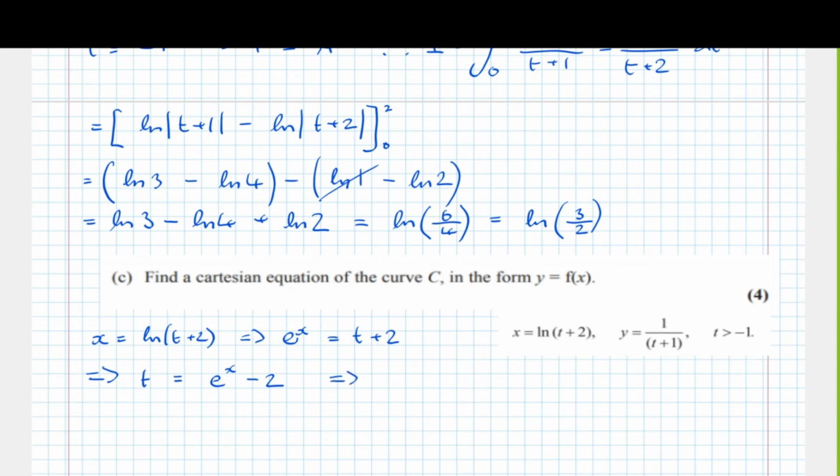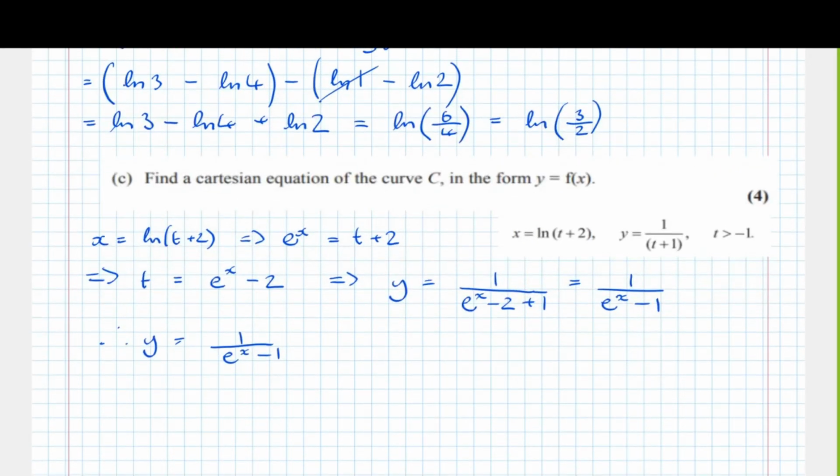So that means that y equals 1 over t plus 1, t plus 1 equals 1 over e to the x minus 1. And there's our equation, just to conclude, y equals 1 over e to the x minus 1. One more mark, part D.